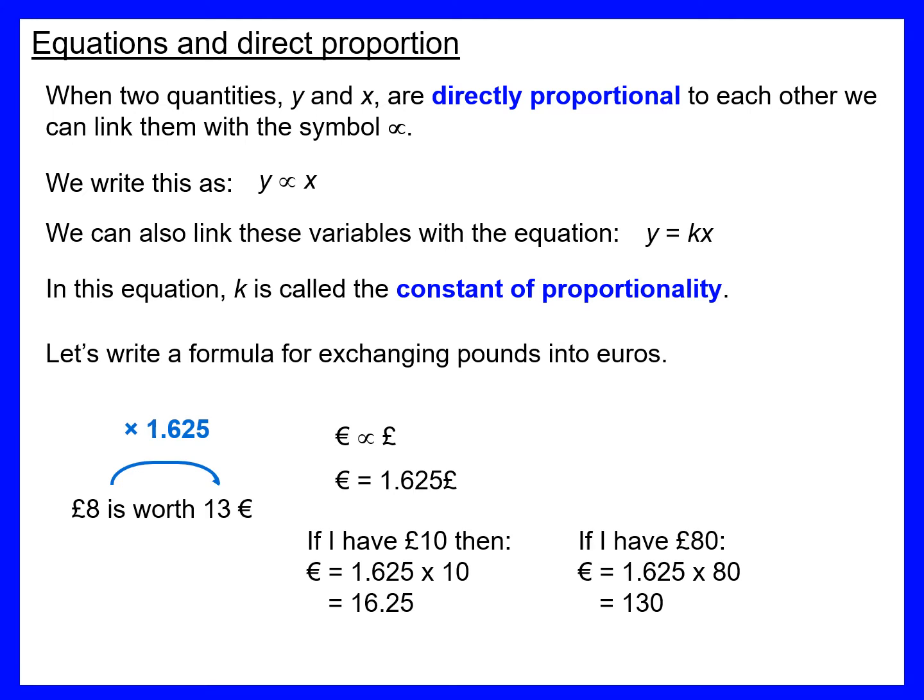Our variables are the amount of pounds that we have. We changed from £10 to £80 to find out how many euros we would get. In this lesson, we're going to practice finding that constant of proportionality and then putting that into a formula to be able to find other values.